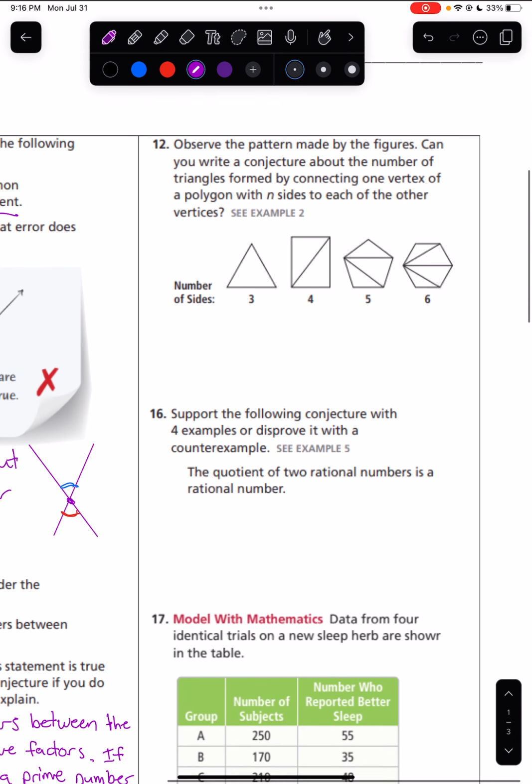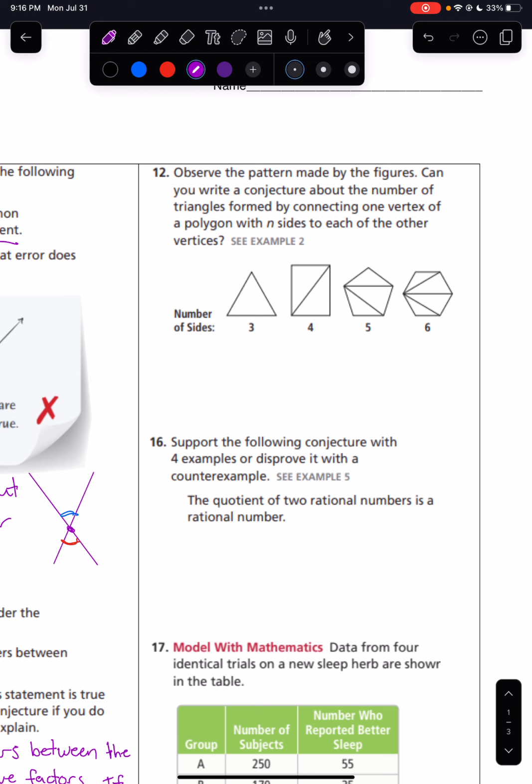All right. Number 12, observe the pattern made by the figures. Can you write a conjecture about the number of triangles formed by connecting one vertex of a polygon with n sides to each of the other vertexes?